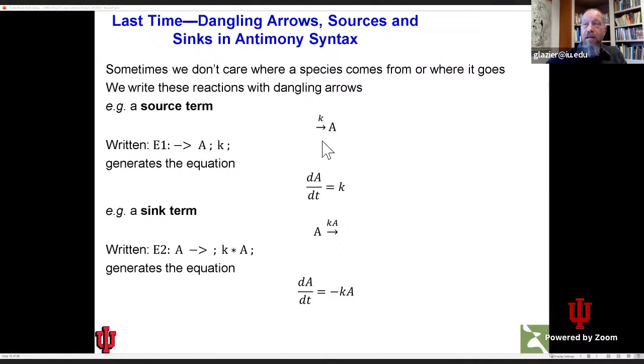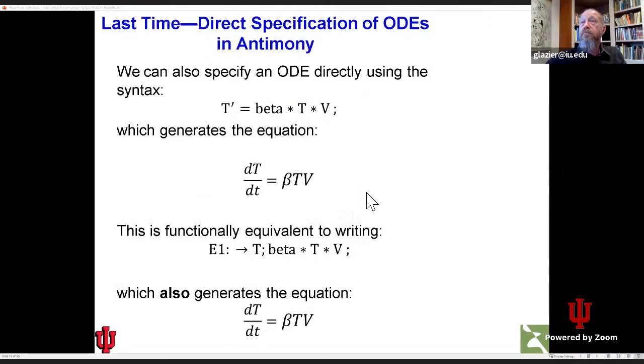We're allowed to have dangling sources and dangling sinks. We've seen that already today in the examples we've looked at. We can write ODEs directly with an apostrophe. T apostrophe equals beta times T times V is dT by dt equals beta TV.